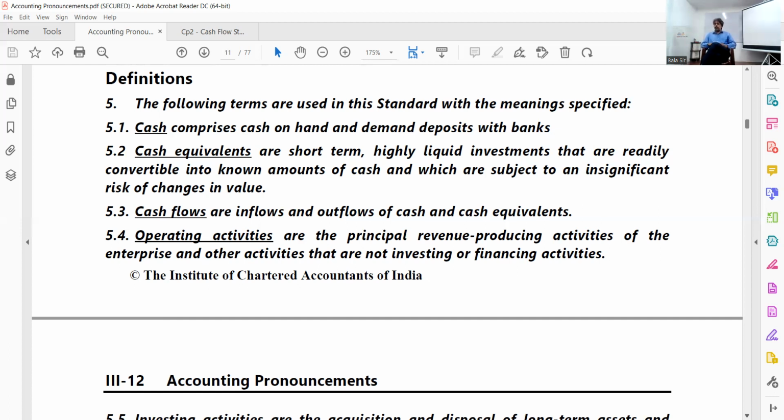Also, at the end of the life, what do you do? You sell those assets at their salvage value and purchase some more assets to replace them. So remember, purchase of assets, that is purchase of property, plant, and equipment, will come under investing activity. Is it a cash inflow or cash outflow? Cash outflow. It may even be a non-cash transaction.